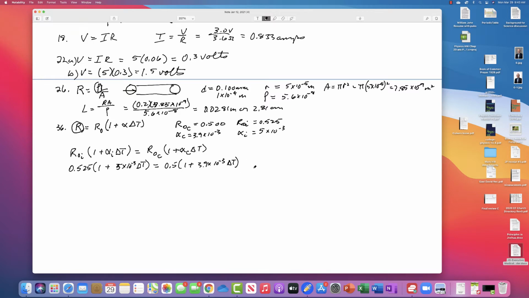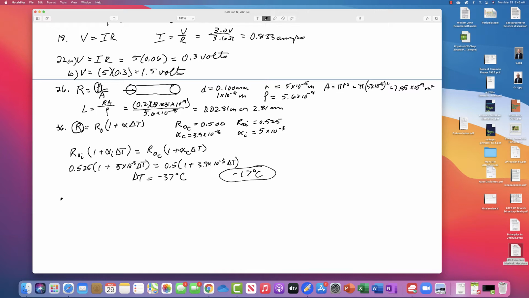If you solve for this, you get a delta T of minus 37 degrees. So if you subtract that from 20, the temperature at which both are the same is minus 17 degrees centigrade.